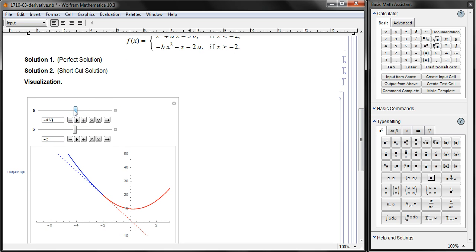But if I switch my a value around, you see a cusp is forming there. A cusp is forming there. And then of course if I change my b value, discontinuity is forming. Anyway, here is a visualization.